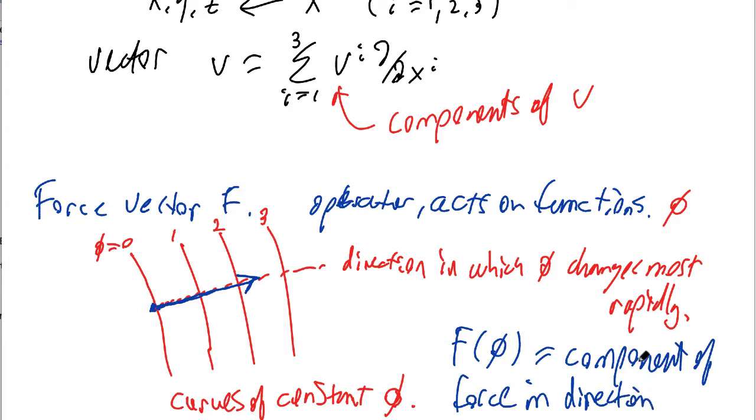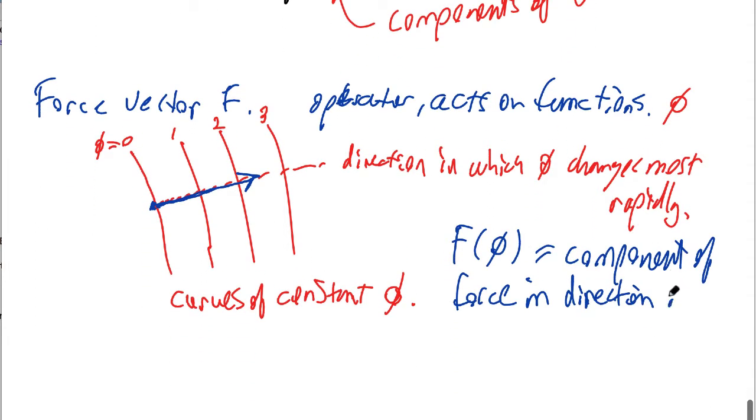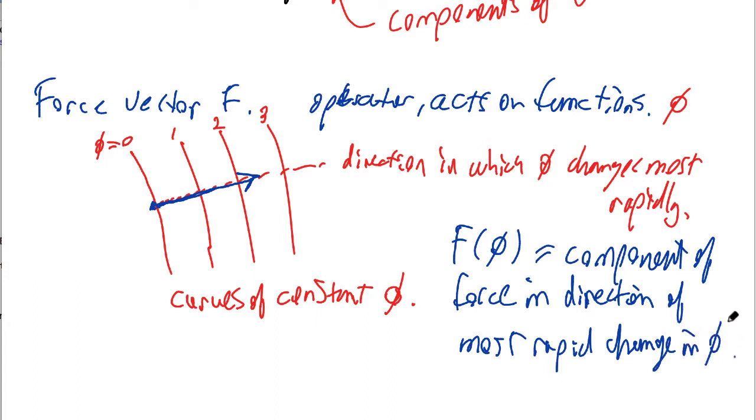The component of the physical force in the direction of most rapid change in phi. Notice that the definition of this force vector is independent of any coordinates that we might be using.